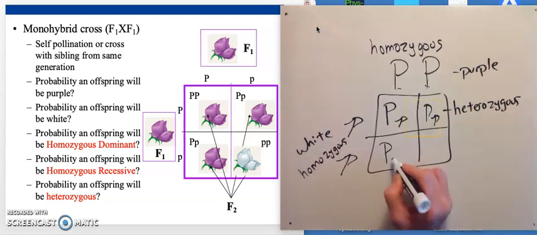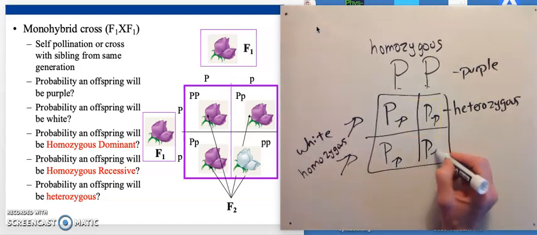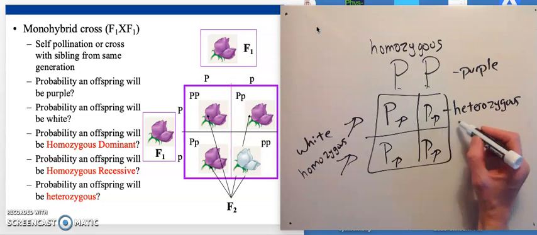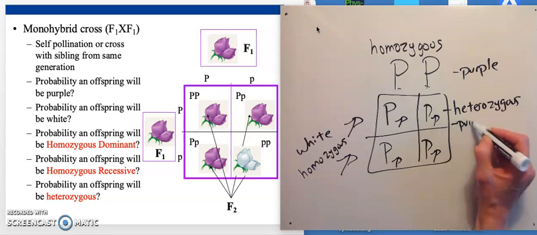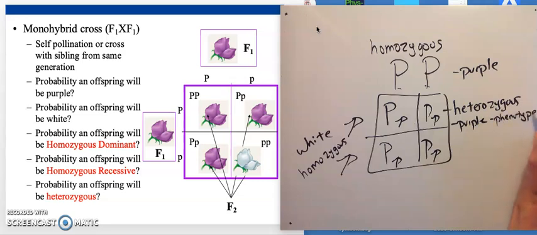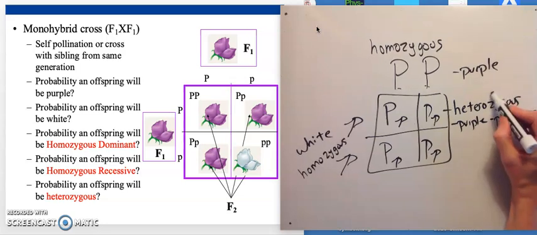Whether you're homozygous or heterozygous is a description of your genotype. But what physical traits you have doesn't necessarily go with only a single genotype. These offspring that are heterozygous are also purple. So they have the purple phenotype, but they have the heterozygous genotype.